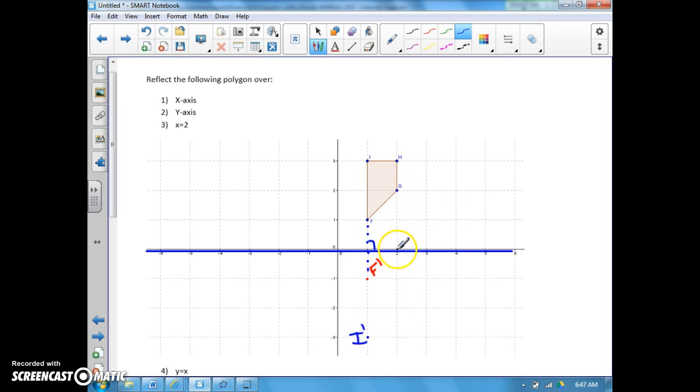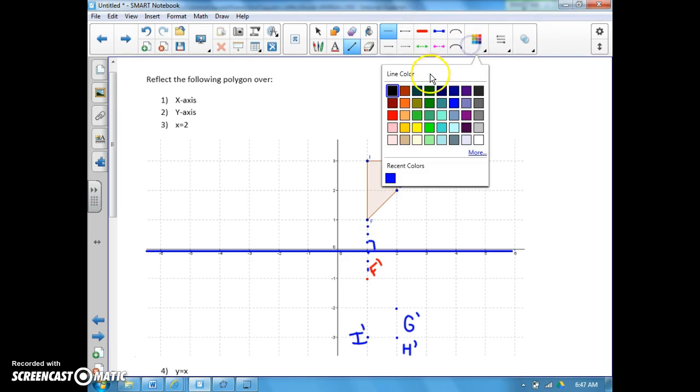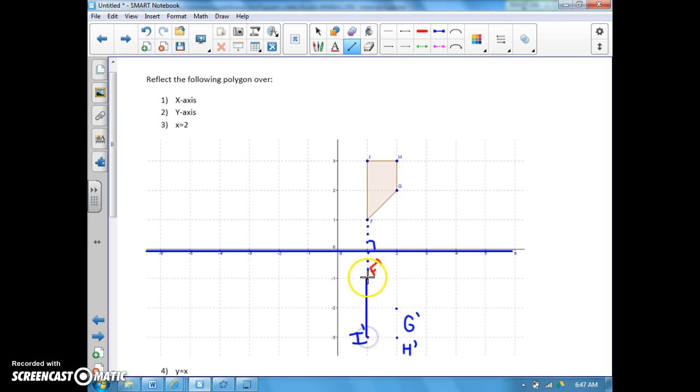And G is 2 units away, so we go 2 units down here. G prime. And H, 3 units away, so then we come down here for H prime, which is also 3 units away. So then we get to go through and connect our dots, and we end up with the same shape, just reflected over the x-axis.